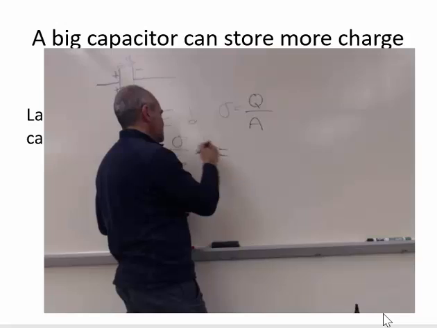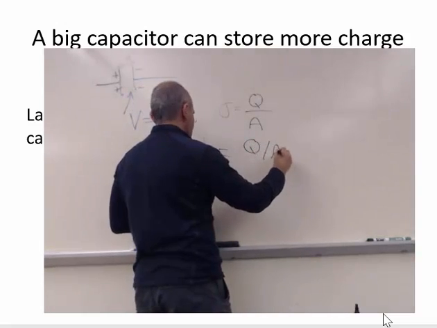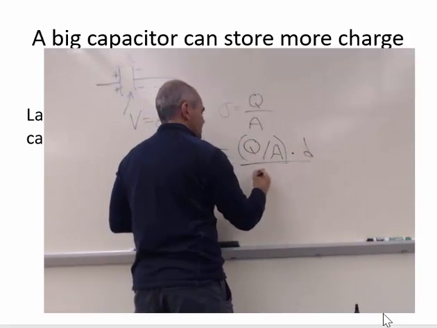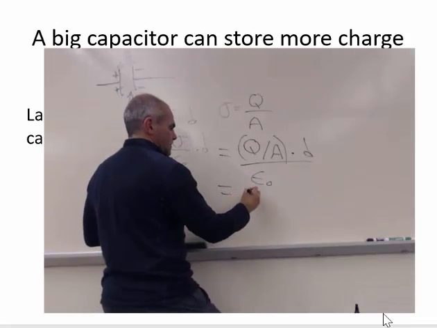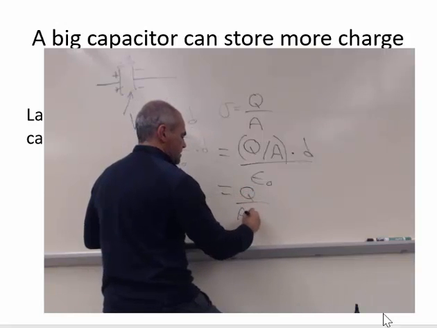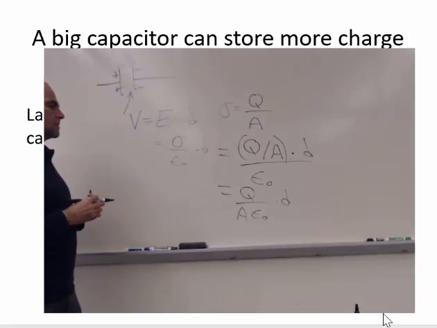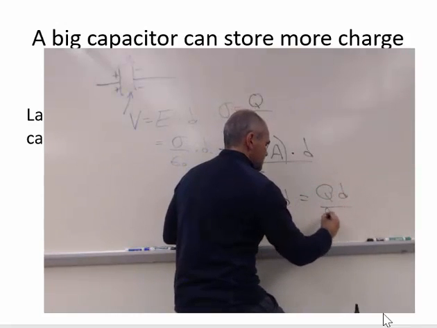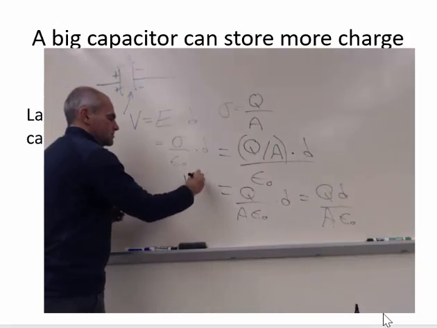This is also equal to the charge on the plate divided by the area of the plate, that ratio times D divided by epsilon 0, which I can also rewrite as Q over A epsilon 0 times D. Or if you like, I can rewrite it as QD over A epsilon 0. That is equal to the potential.